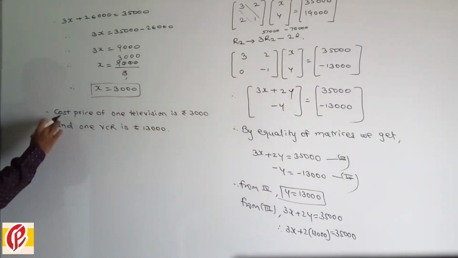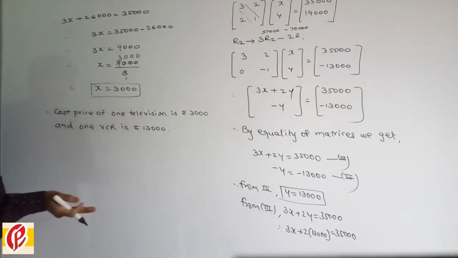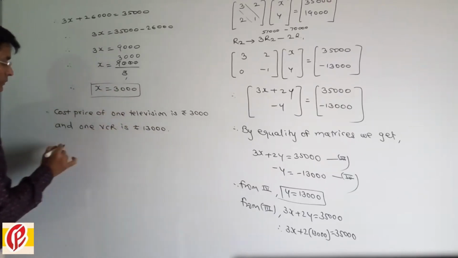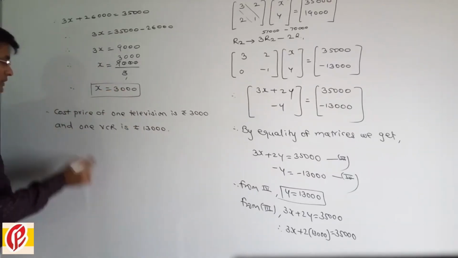And selling price, how to get selling price? So the shopkeeper wants 1,000 rupees profit on television. So selling price is 3,000 plus 1,000, 4,000.